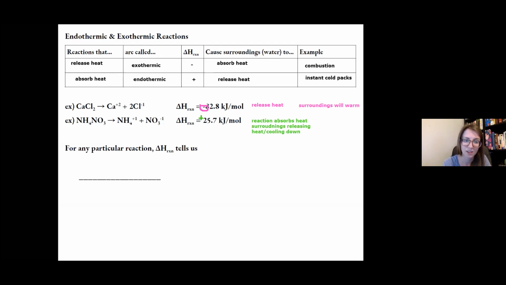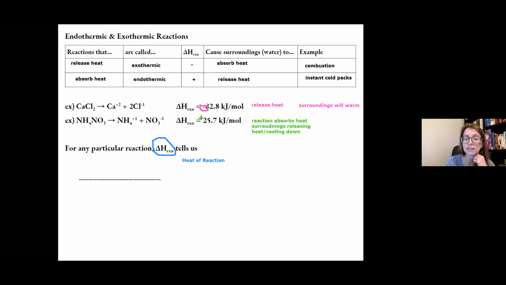this thing. Remember, the delta means change. H, you can say heat or enthalpy, E-N-T-H-A-L-P-Y. And then the little RXN means reaction. Tells us something about a particular reaction. So for calcium chloride dissolving, this one up top here. Calcium chloride dissolving releases heat. How much heat?